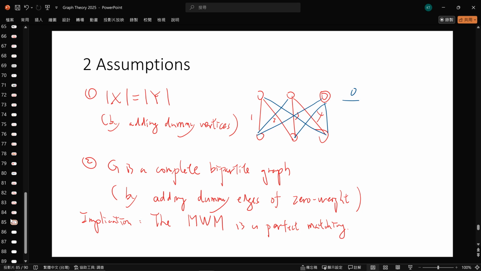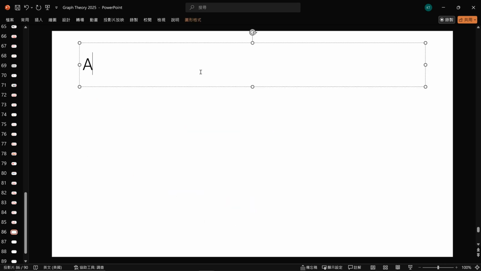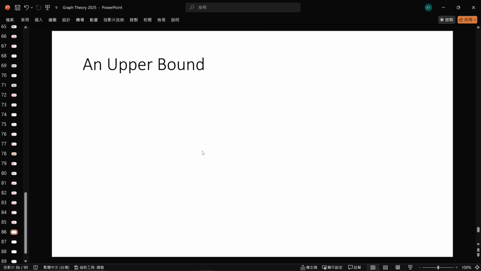So let's consider this upper bound first. For the previous problem, we consider vertex cover, for the case when edges do not have weight. But now edges have weight, so we're going to slightly generalize vertex cover.